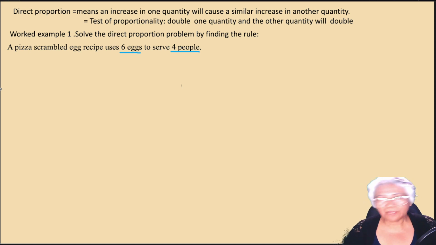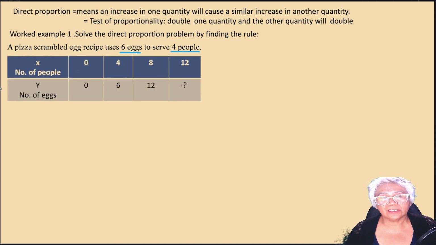From that problem, we can create a table of values comparing the eggs and the people. X represents the number of people and Y represents the number of eggs needed for the serving.